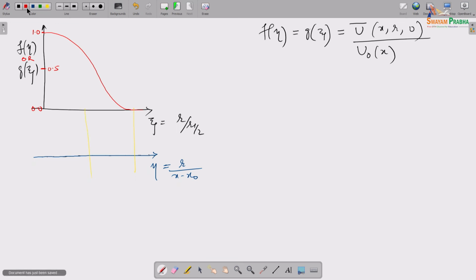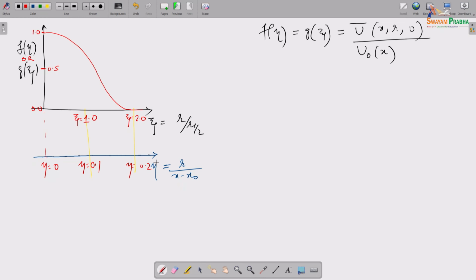So this one zeta is equal to 1, this is zeta is equal to 2, and here eta is equal to 0, eta is equal to 0.1, and eta is equal to 0.2. So this is something again we had seen earlier.